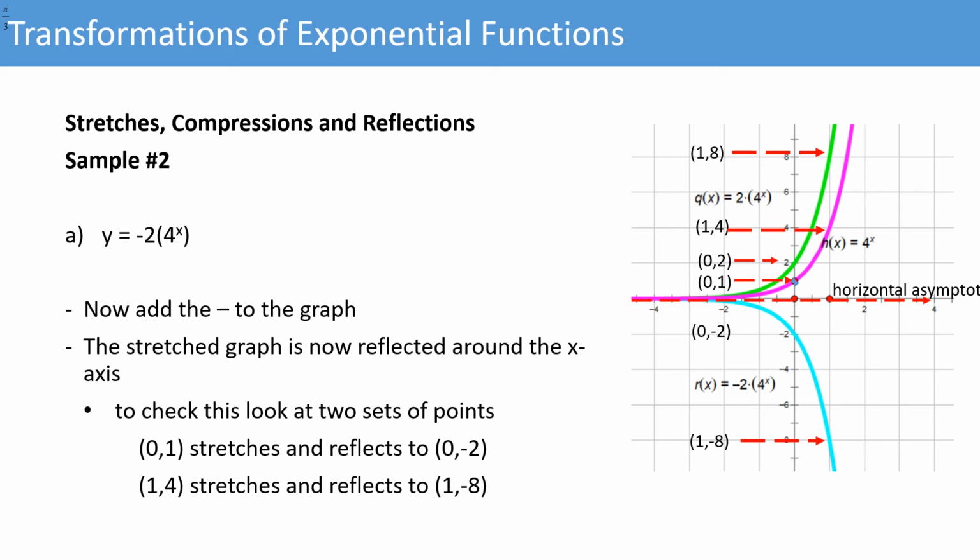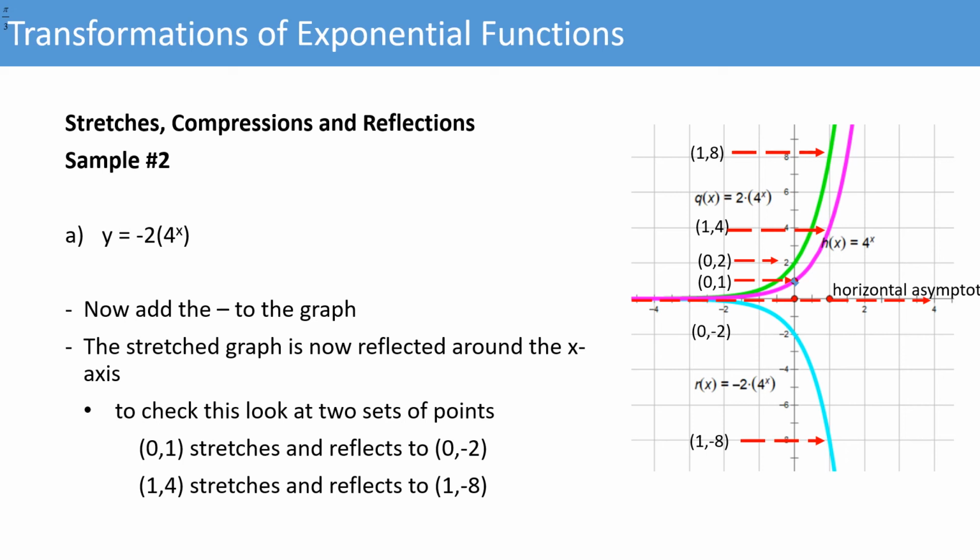Continuing on with our example, now we're going to add the negative in front of the 2. So now we're going to show what y equals -2 times 4 to the exponent x does. Our points we were tracking are (0, 1). And what happens now is the -2 is the new result for y after our stretch and our reflection.